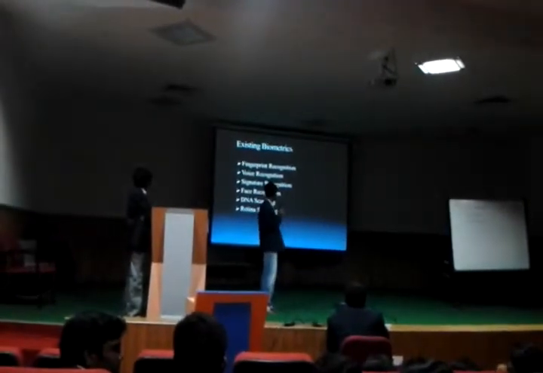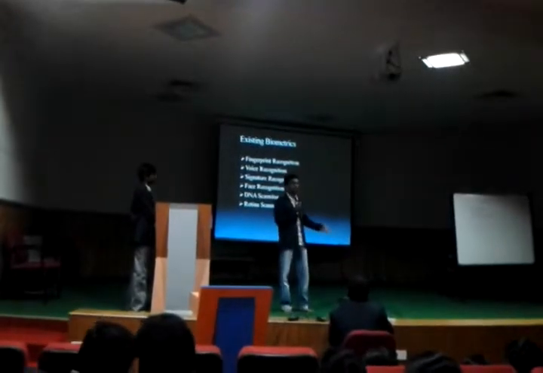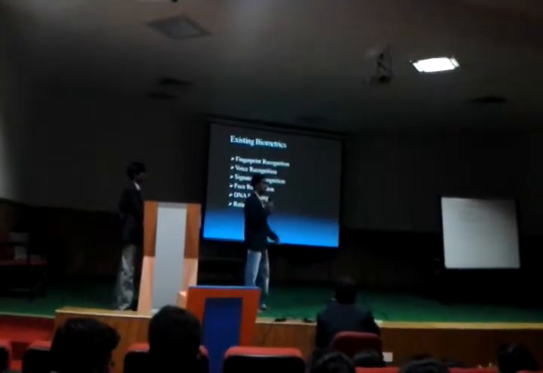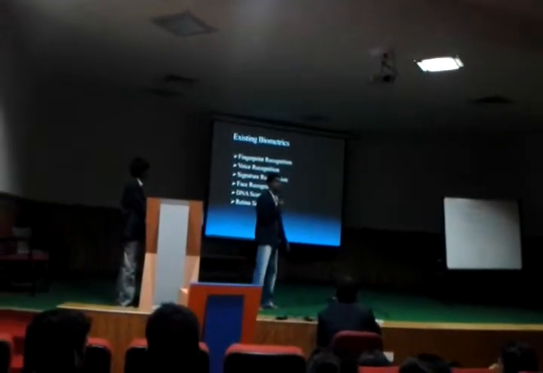Next. The disadvantage of fingerprint recognition is that it can be used for criminal identification, and you can easily hack that account. So we go for the next type, that is voice recognition.